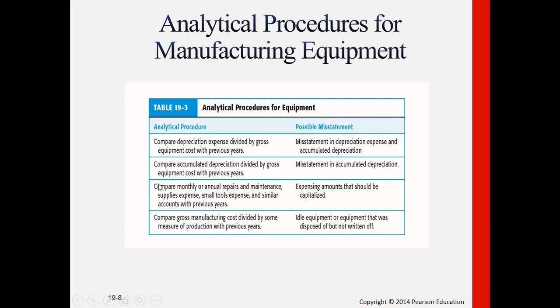Next, what about comparing accumulated depreciation divided by gross equipment cost with previous years? In that case, we would be able to check misstatement in ACDEP or accumulated depreciation. What about the annual or monthly or periodic repairs and maintenance, supplies expense on small tools, and similar accounts with previous years?